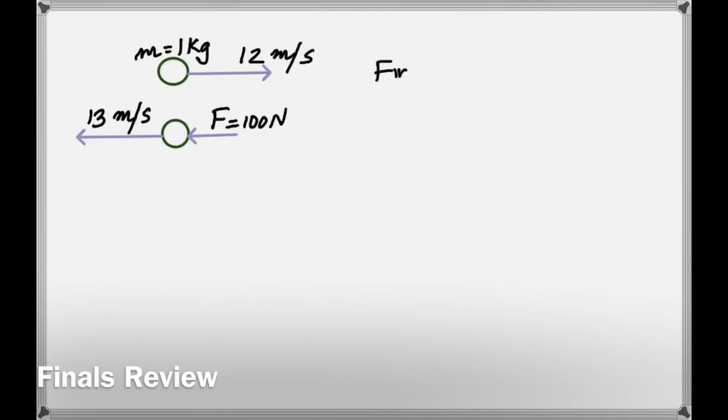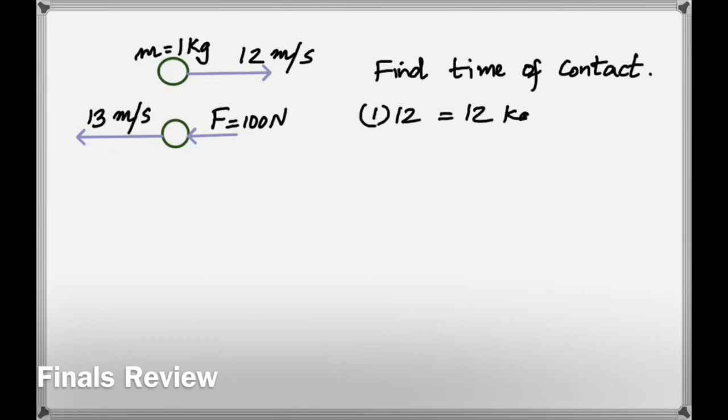So let's see how I built that question. All right, again, it's find the time of contact of the force. So I think I'm doing it exactly the same way as before. Find the initial momentum, which is 1 times 12, but look at that. When I find the final momentum, why do I have a negative? Because the 13 is in the opposite direction. So that's what you got to remember. So it's negative 13.